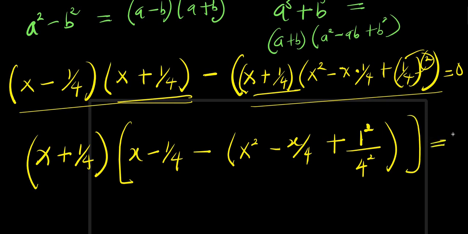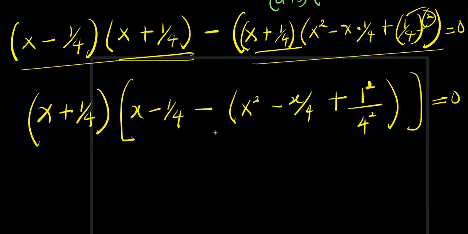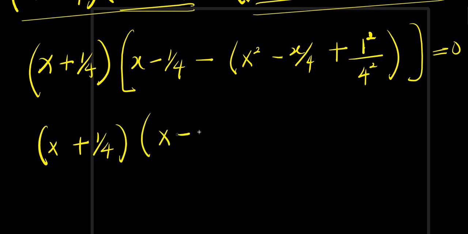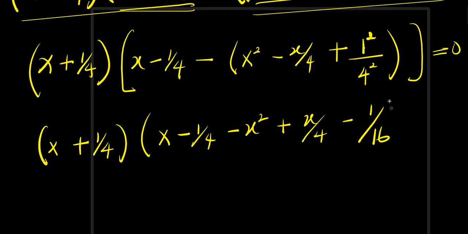Then this equals 0. So from here, I have x plus 1 over 4 times x minus 1 over 4. This is minus x squared plus x over 4. This minus times this is minus 1 power 2, that is 1, over this is 16, equals 0, right?